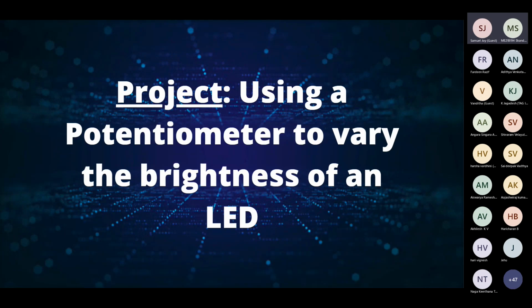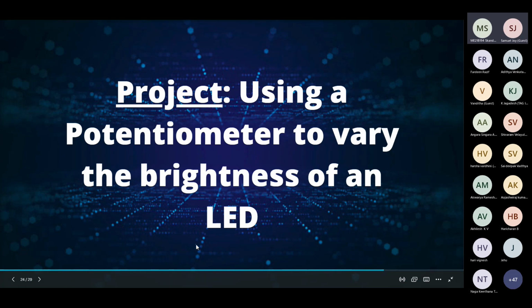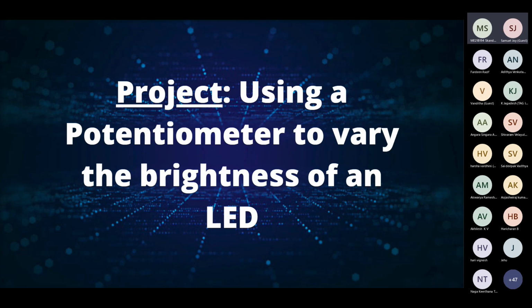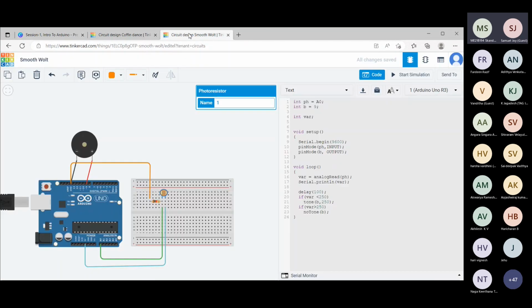To understand how this potentiometer can be useful, we'd look at a project where we use the potentiometer, an analog signal input component, to vary the brightness of an LED.